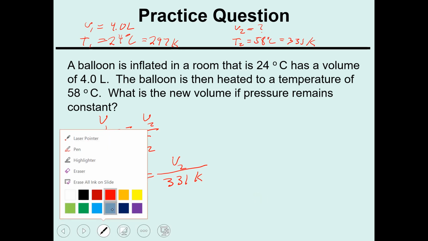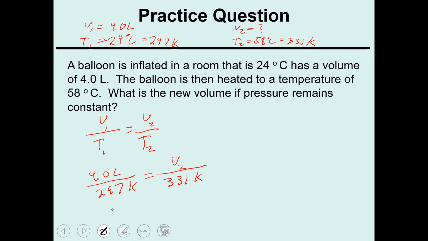So the way I always advise you to do this is to cross multiply. Because if you have the unknown on the bottom, that's really the best way to work it out to get the unknown by itself. There are other ways you can do it if the unknown is on the top, but to be consistent, I always show you to cross multiply.